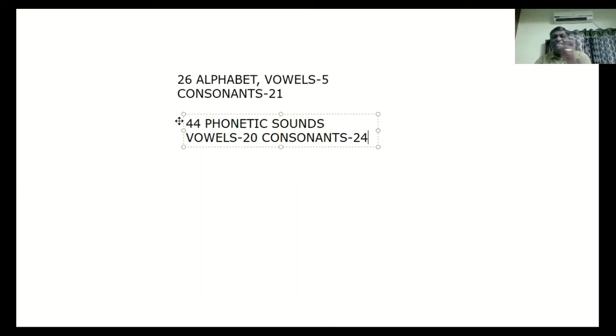Similarly, E, O, U. So all these sounds, there are 20 vowel sounds. And how many consonant sounds are there? 24 consonant sounds are there. Now, why I'm talking about this: whenever you have these 20 vowel sounds, you will use an in articles.